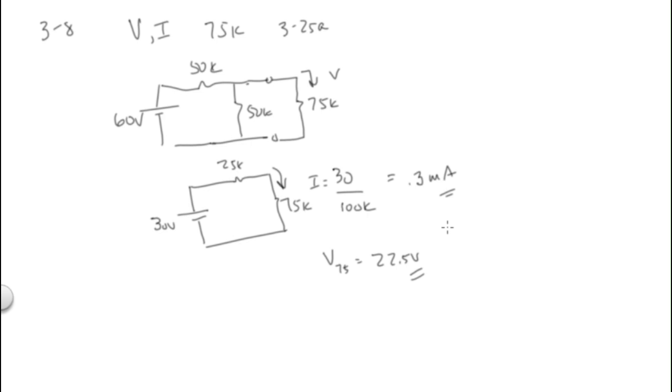Now again, I want to know the voltage and the current if you attach a 60K resistor across B. So I've got the circuit.